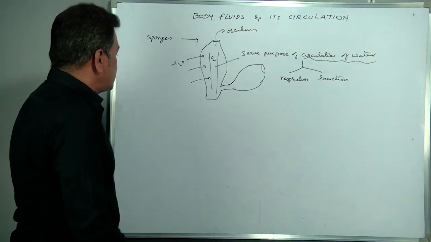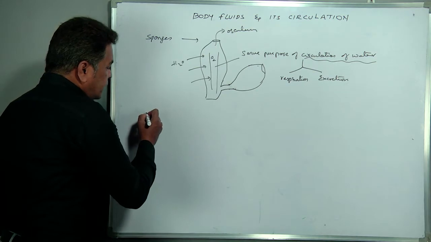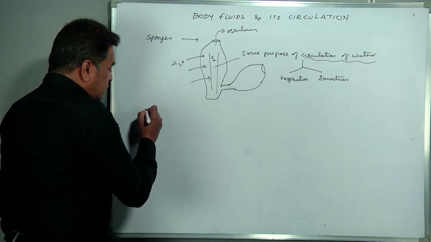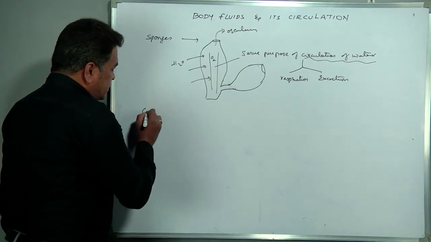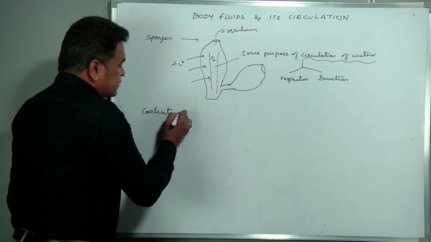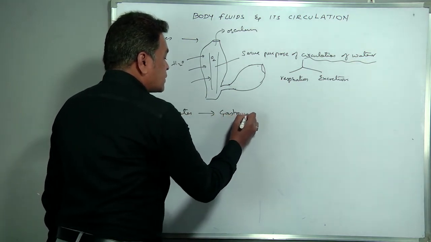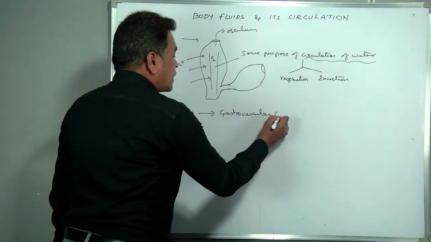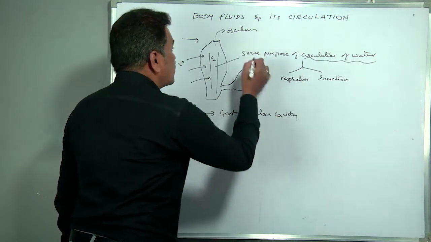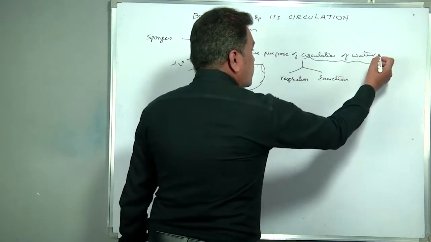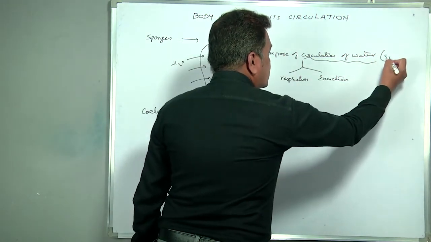In case of coelenterates, you find the gastrovascular cavity. Gastrovascular cavity. In sponges, this is the circulation of water seen.